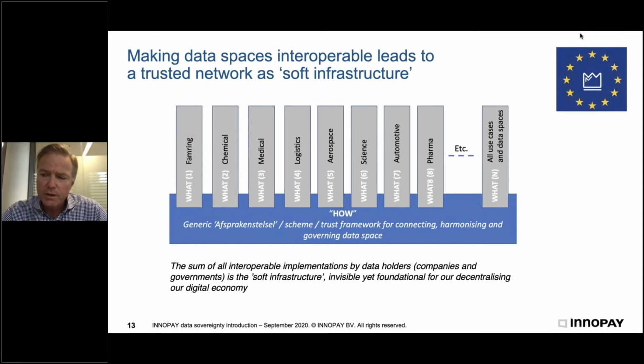And the way we look at it is that there will be several data spaces, but they will be glued together by doing things in a common way, to be standardized in things that you can standardize, because you cannot standardize everything within a data space.